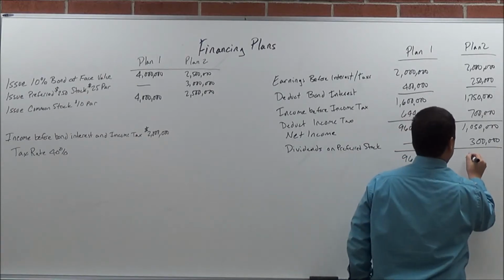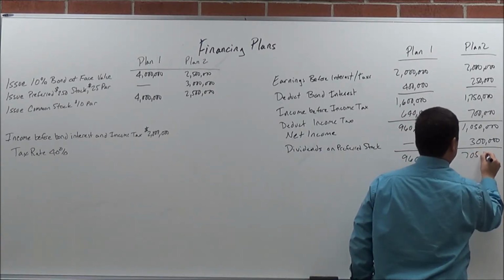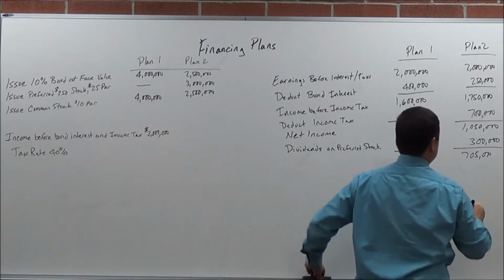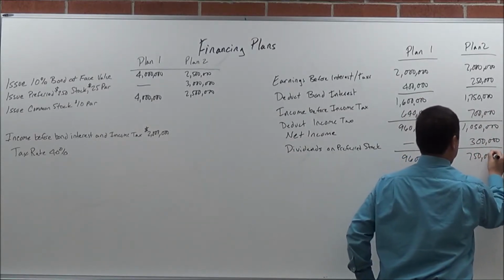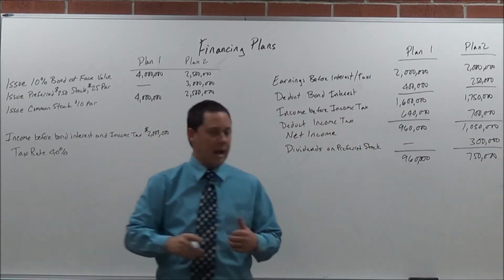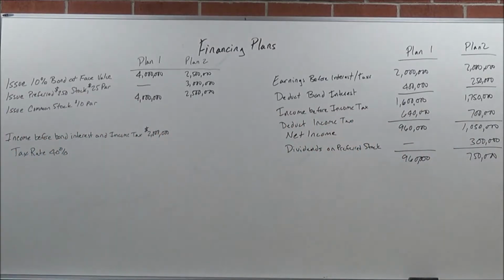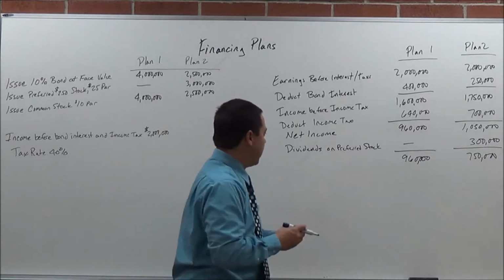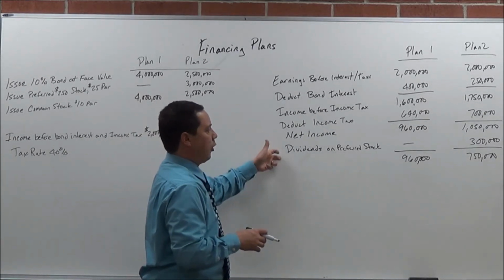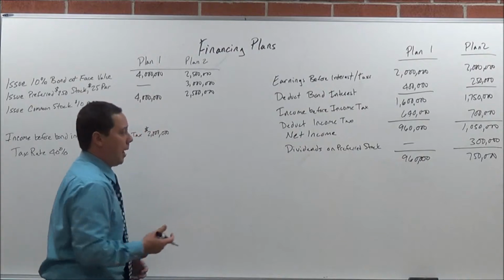All right. So now I have 960,000 and 750,000. I'm also going to show you the equation to figure out earnings per share, because that's what we're going to come out with right here.